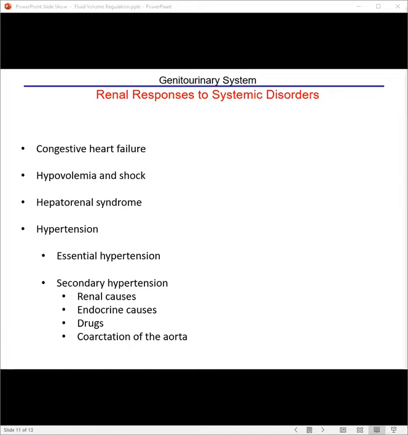Another condition is cardiogenic shock. This happens when the heart fails to maintain cardiac output, for example, when there is ischemic heart disease or arrhythmias. As a result, there is a decrease in tissue perfusion, and this happens in a very fast, dramatic manner, and your venous pressure increases, causing pulmonary or peripheral edema.